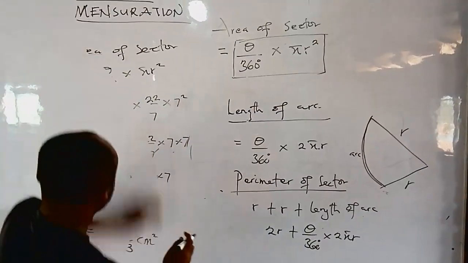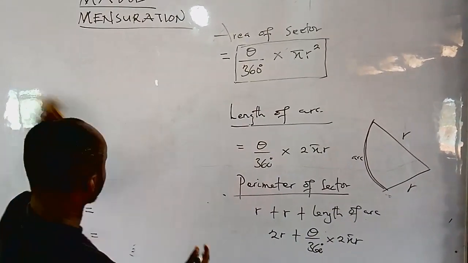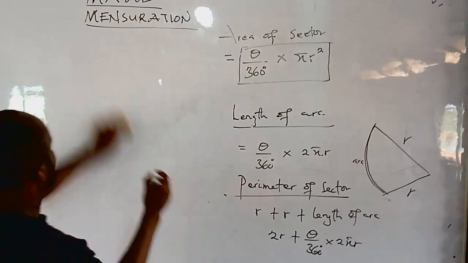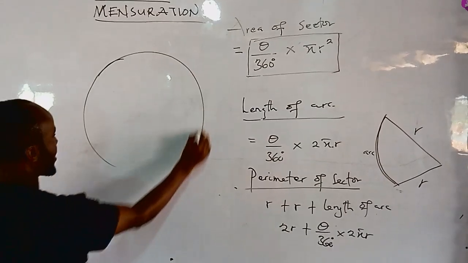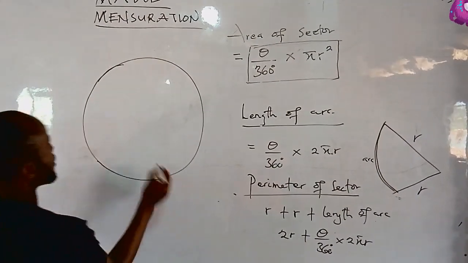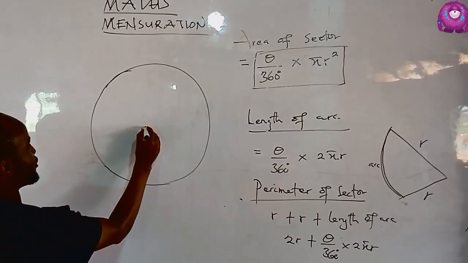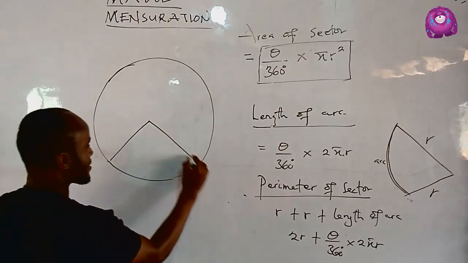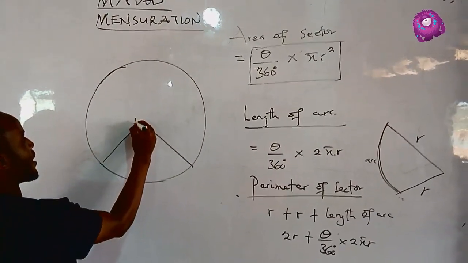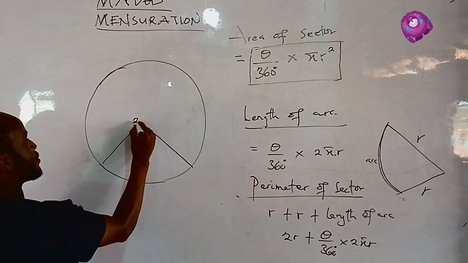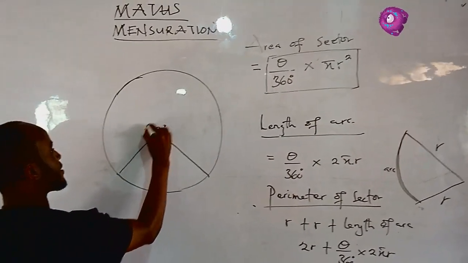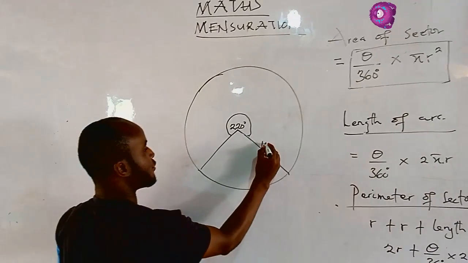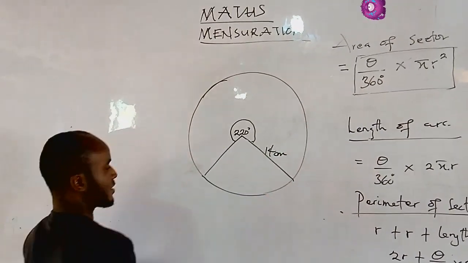So you can take this work and keep trying, so that you work with it to know how you get your answers. You draw this and try your hand on it. I'm giving you 220 degrees here, and I'm giving you 14 centimeters.